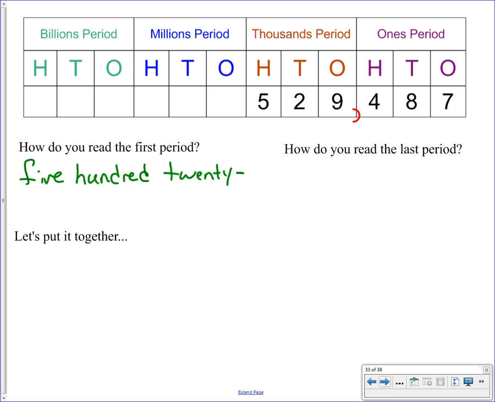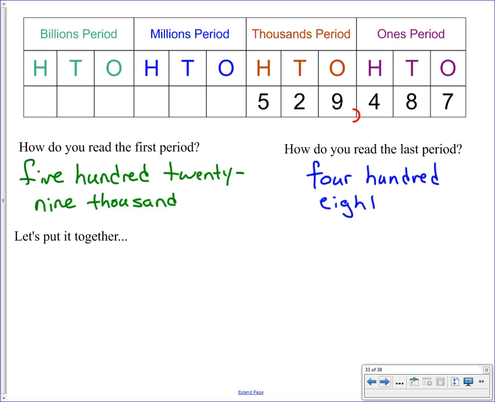I guess I'll do it down here. 529,000. Remember, we're naming that period. And over here, we wrote it as 487.